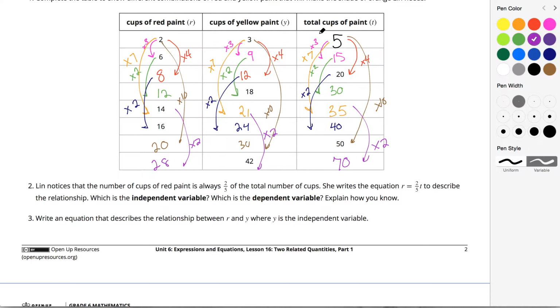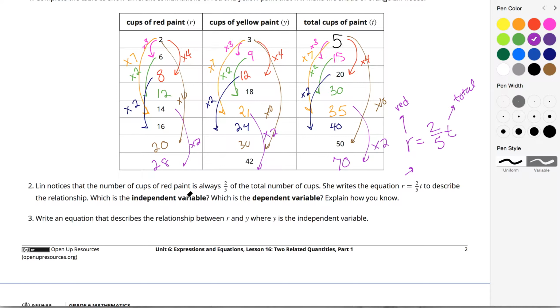If there's a total of 5, she can figure out that the amount of red paint is always 2/5 the amount of total. So she writes an equation to represent that. She's saying R, I'm just going to write this a little bit bigger, R equals 2/5 the total. Remember where R is the red and T is the total.